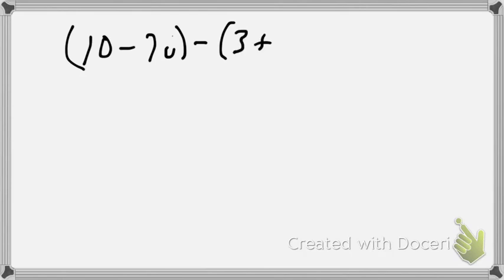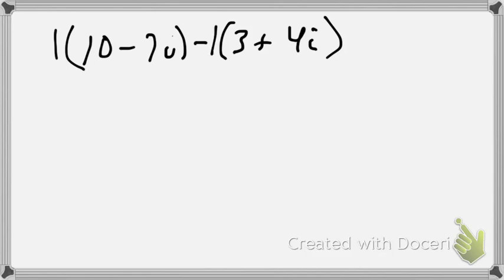Alright, next one. Let's do a subtraction one: 10 minus 7i minus 3 plus 4i. Imagine there's a 1 in front, and now there's a negative 1 here.